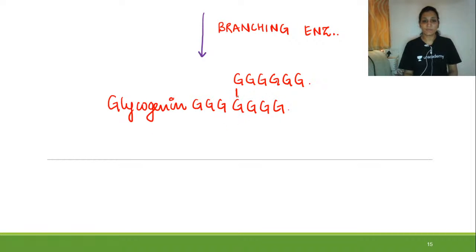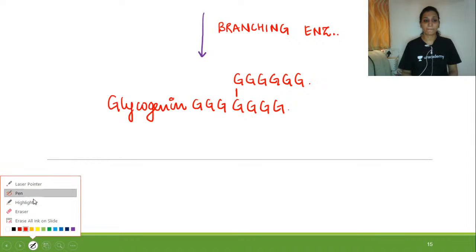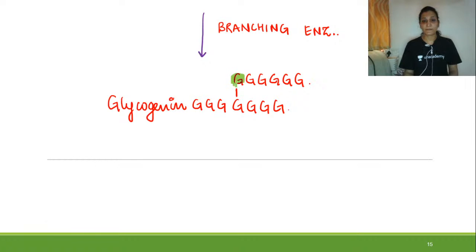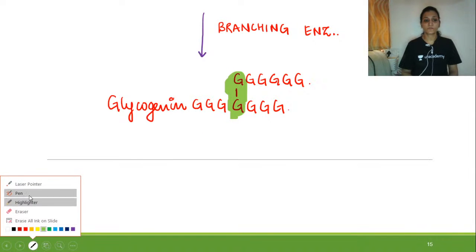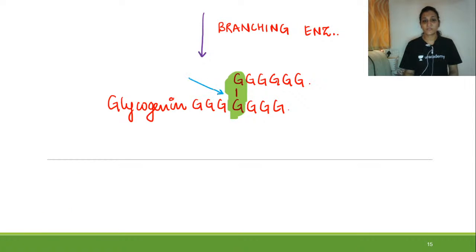So this is the branch point. Let us just highlight this place. Right? So glycogen along with the branching has been obtained.